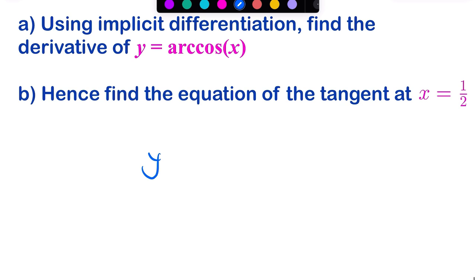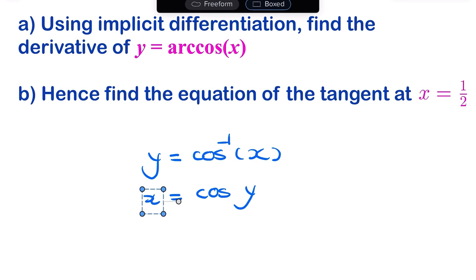If we start with the function we're given, y equals cosine inverse of x, we can rewrite that as something more familiar, x equals cosine of y, because that's what it means for y to be the inverse cosine of x. It means x is cosine of y.